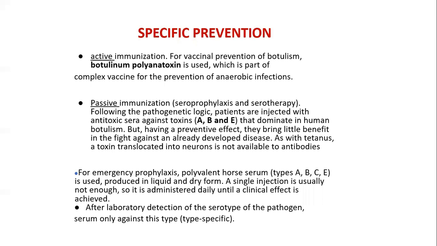For emergency prophylaxis, polyvalent horse serum is used, produced in liquid and dry form. A single injection is usually not enough, so it is administered daily until a clinical effect is achieved. After laboratory detection of the serotype of the pathogen, serum only against this type.